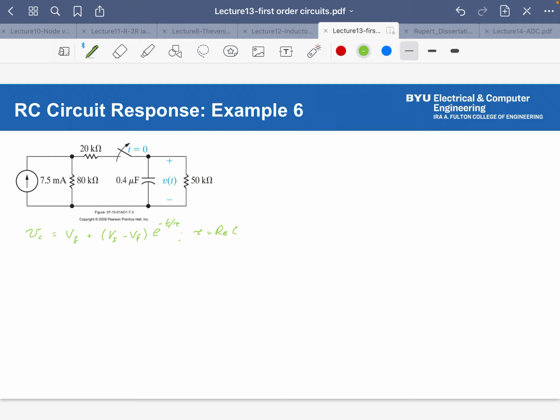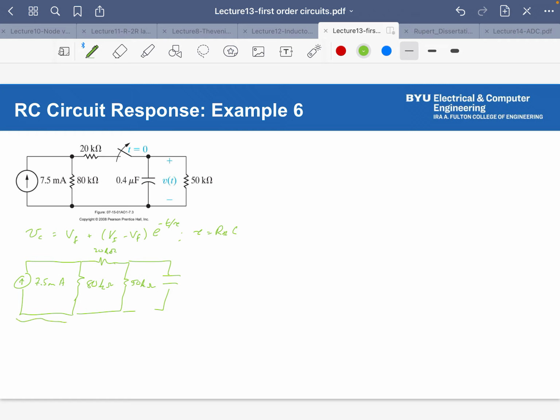So we could think of it as 7.5 milliamps, and then we're going to have 80 kilo ohms, a series of 20 kilo ohm, and then 50 kilo ohm, and then we've got our capacitor out here, right?